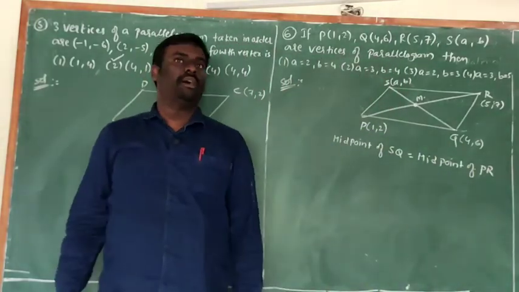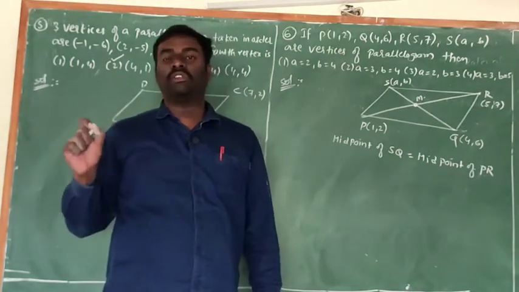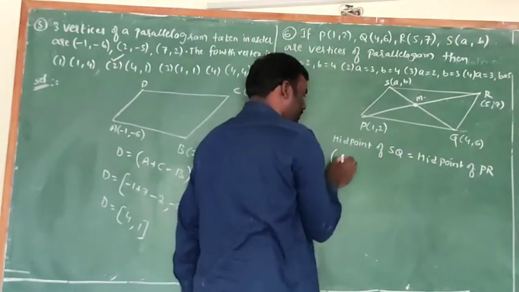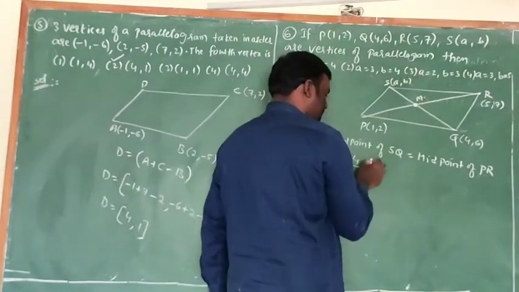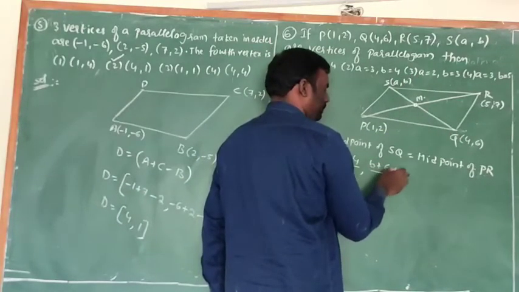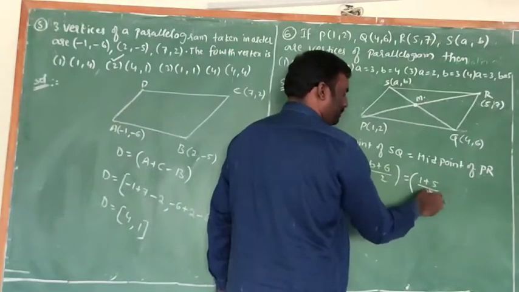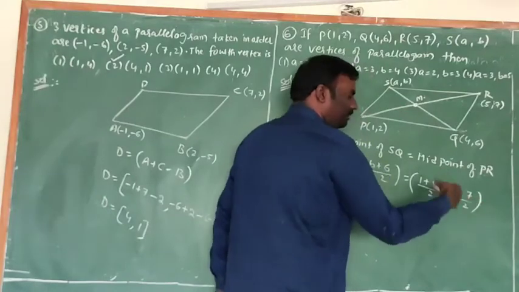What is midpoint formula? X1 plus X2 by 2 comma Y1 plus Y2 by 2 means A plus 4 by 2, B plus 6 by 2. That equals to 1 plus 5 by 2, 2 plus 7 by 2.